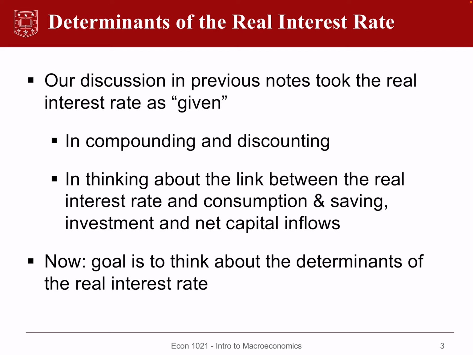So that alone is an interesting question. But additionally, we think about this neutral real interest rate as a component of the factors that go into the way in which the Fed in the United States and other central banks around the world conduct monetary policy. So we'll see this very starkly in our discussion in chapter 22.